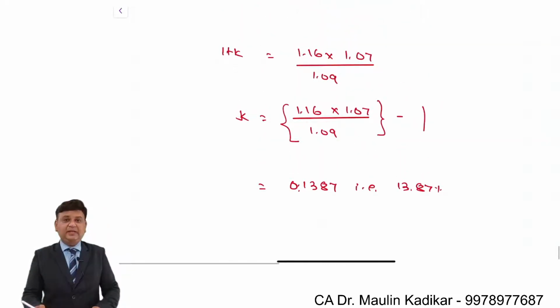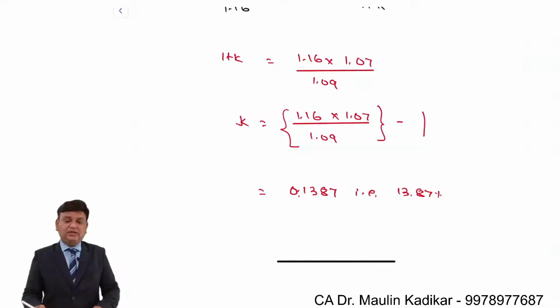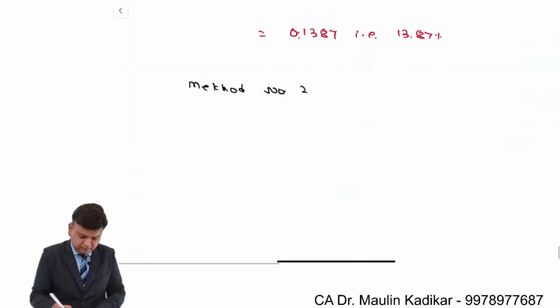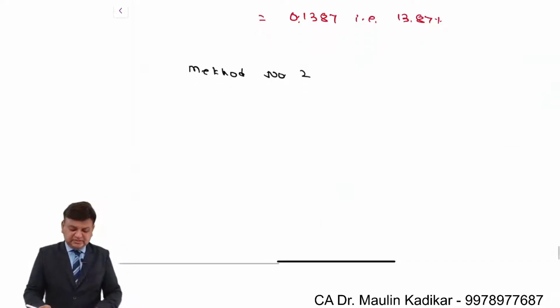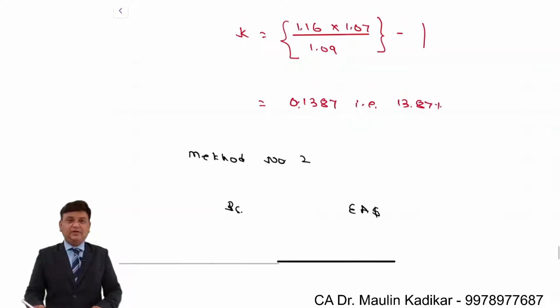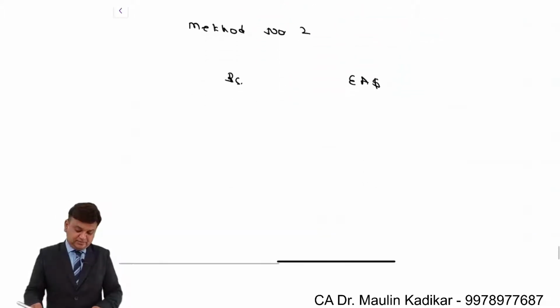That is the way we will make the computation of the required rate of return in foreign currency. That is an alternative method, method number 2. Method number 2 is similar to the first method, the only difference being that instead of the rate of interest, we will use the inflation rate for calculation of the answer.